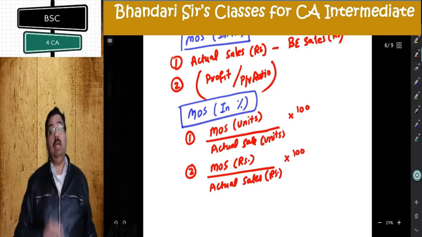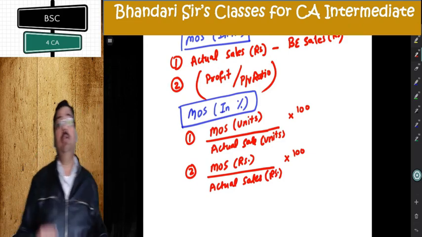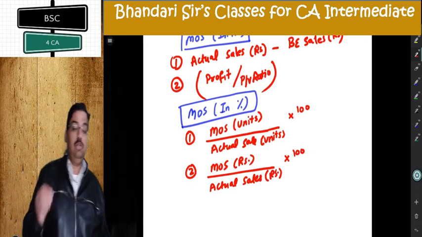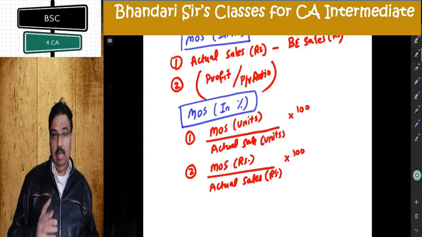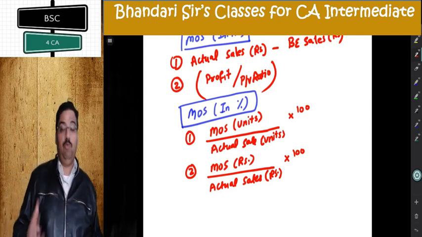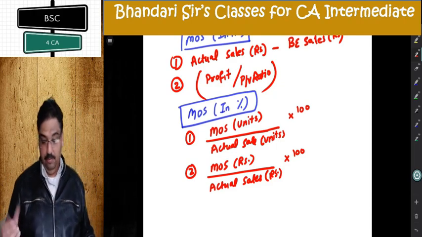In percentage terms, I am telling you how much the firm is at risk. This is margin of safety in units, rupees and percentage. They are the 6 formulas for MOS, margin of safety.